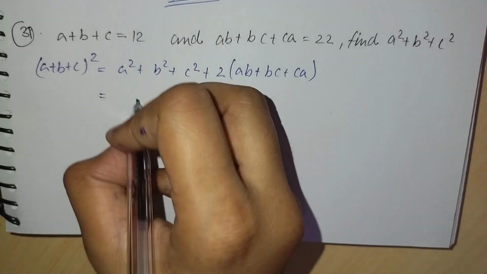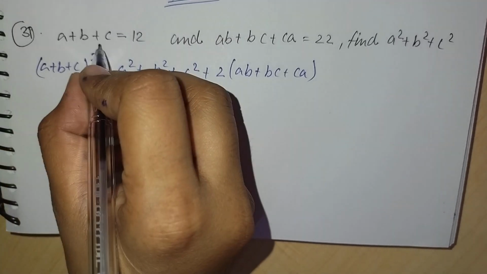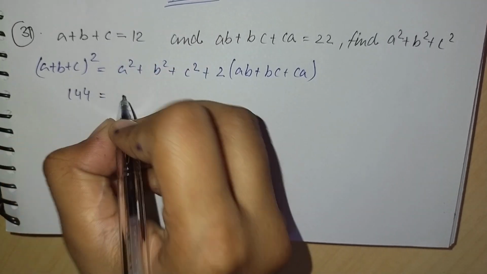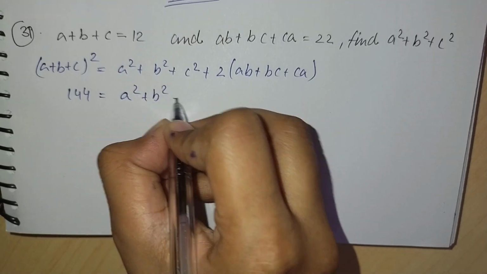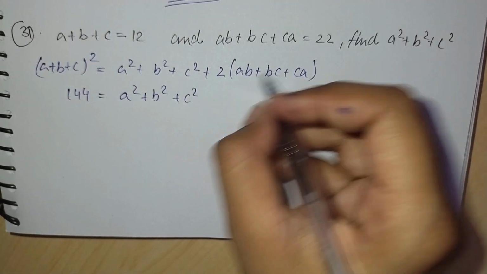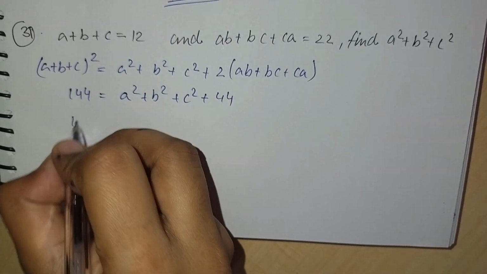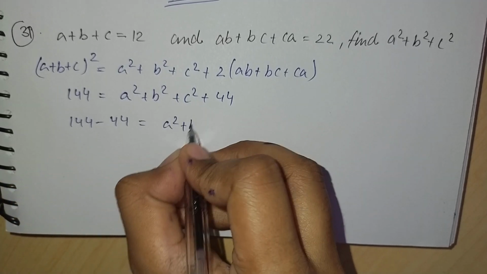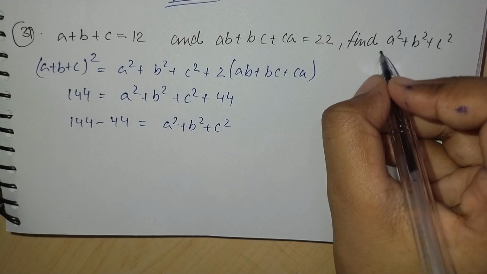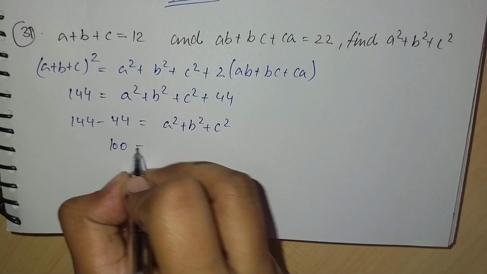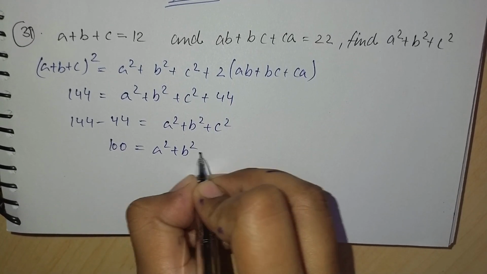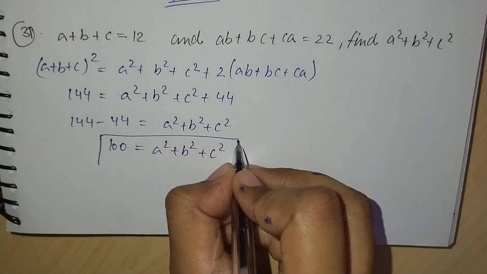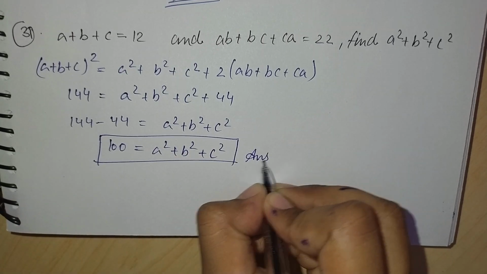So on solving, 12 into 12 is 144, a square plus b square plus c square. Here 22 is the value, so plus 44. So 144 minus 44 is equal to a square plus b square plus c square. So hence from here we will get the value here, a square plus b square plus c square equal to 100 as the answer here in this question.